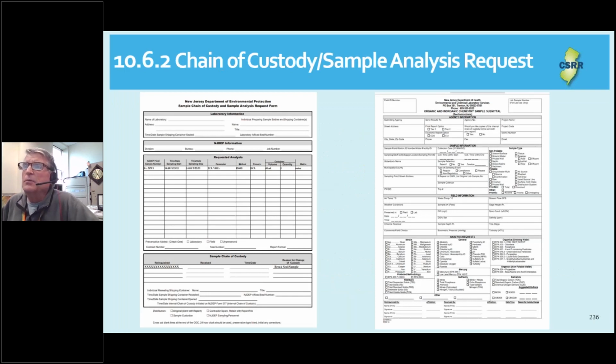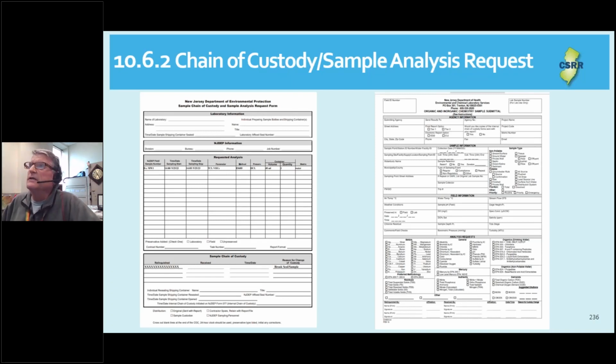On the left is an example of the NJDEP sample chain of custody form that appears in Chapter 10. Many certified labs that accept environmental samples from contaminated sites have their own sample collection procedures that are consistent with the analytical method requirements. Many laboratories even have their own COC forms as well.